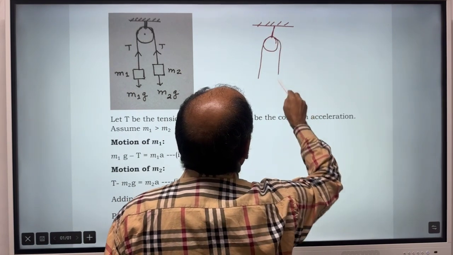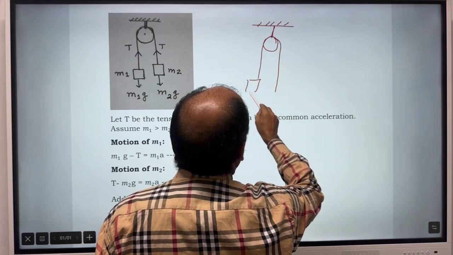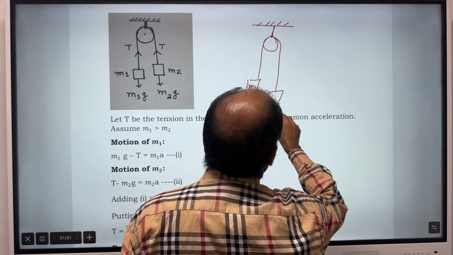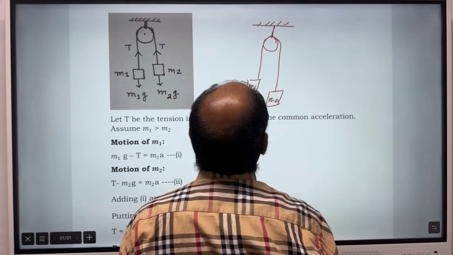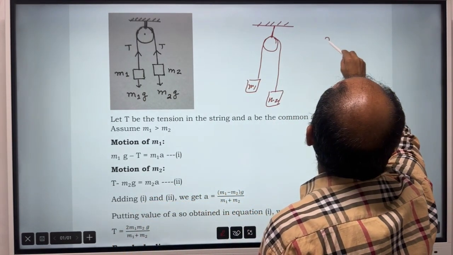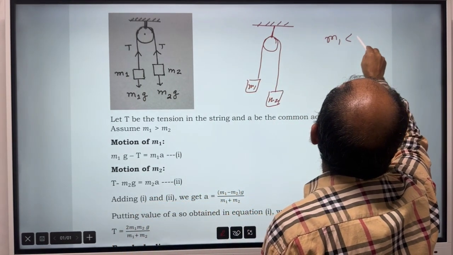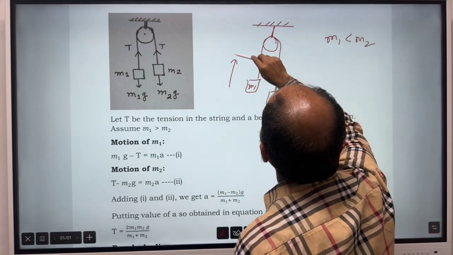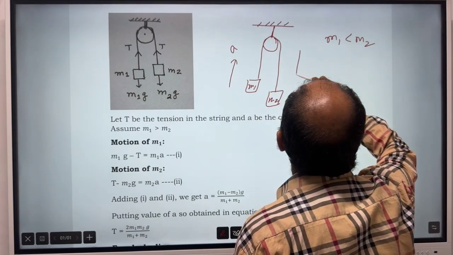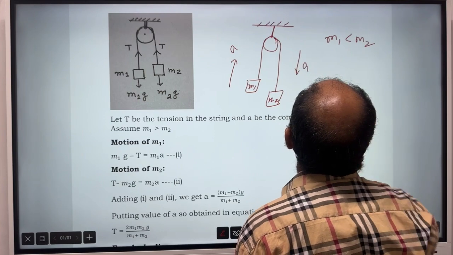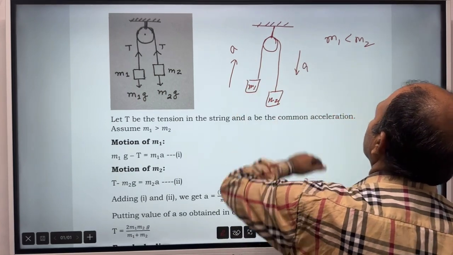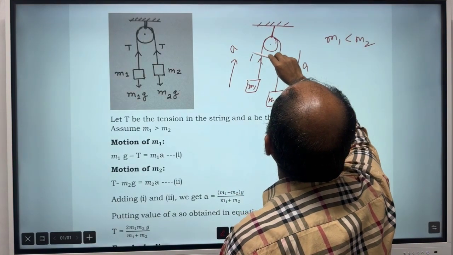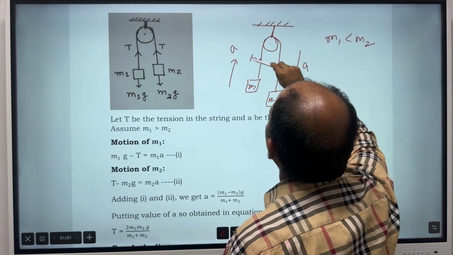There are two strings. Suppose here the mass is m1, here the mass is m2, and we assume that m1 is less than m2. Then what will happen? This body will move up with acceleration a and this body will move down with the same acceleration since they are connected by the same string.